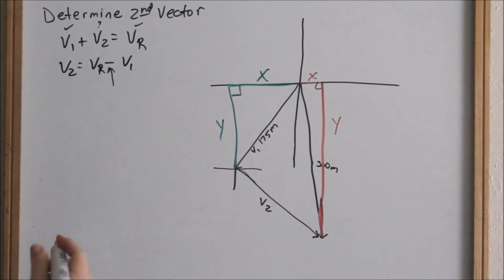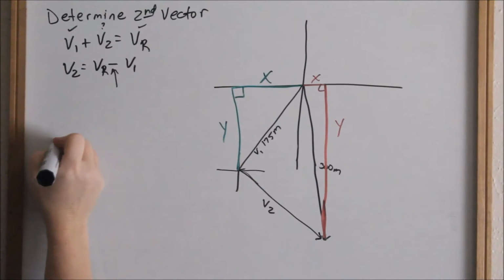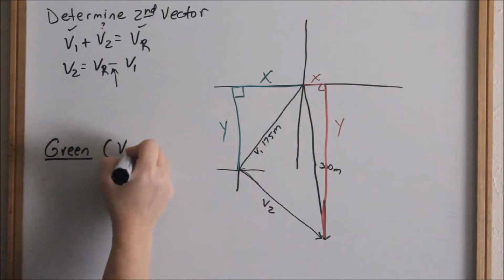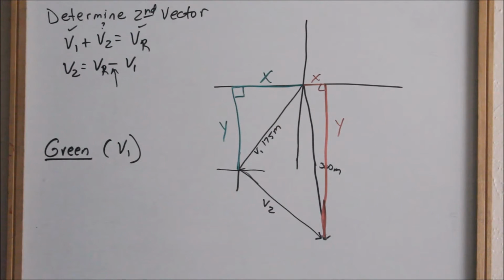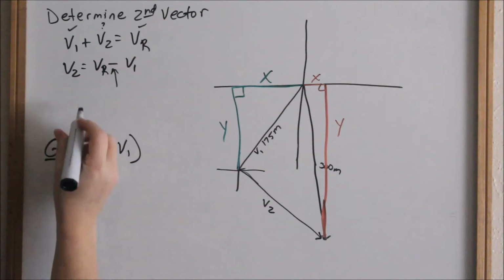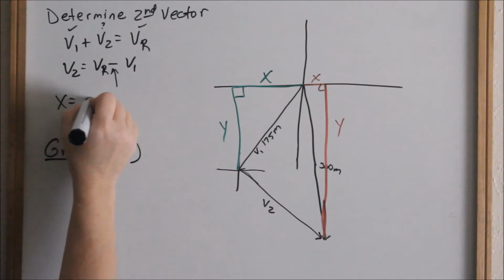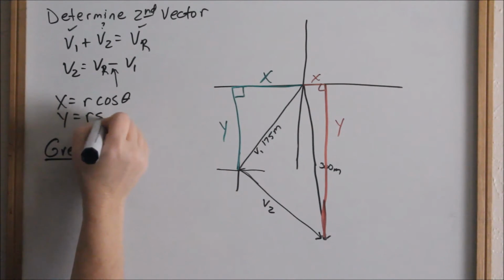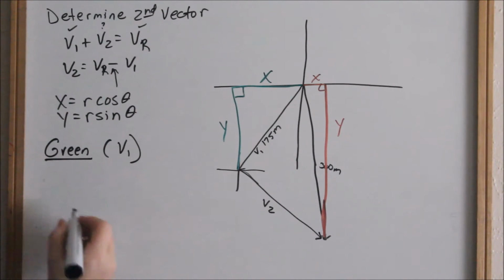So for the first vector, okay, this is going to be the green triangle, which is vector 1. So we have a triangle right here, and so we need to find the x and y value of that. Okay, so still using x equals r cosine theta or y equals r sine theta, still using those relationships.